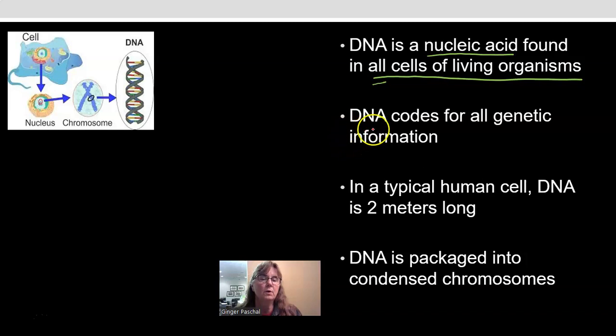DNA codes for all genetic information, so all of your genes are contained in the DNA.